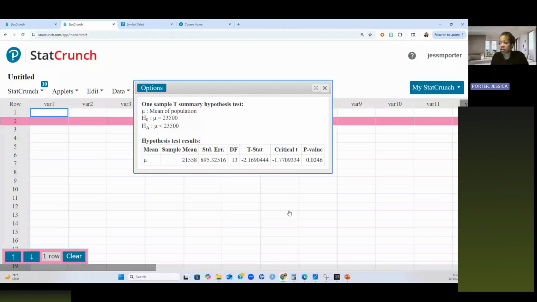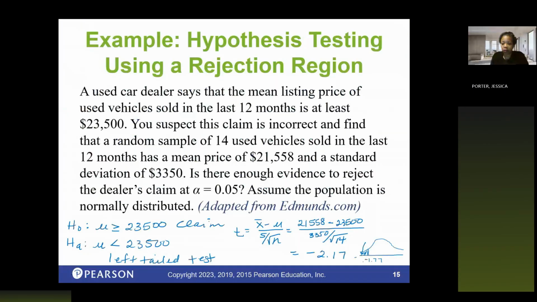Those are the two ways that you can work the technology to conduct a hypothesis test. On the next one, we'll look at it by hand, and then we will calculate with technology.